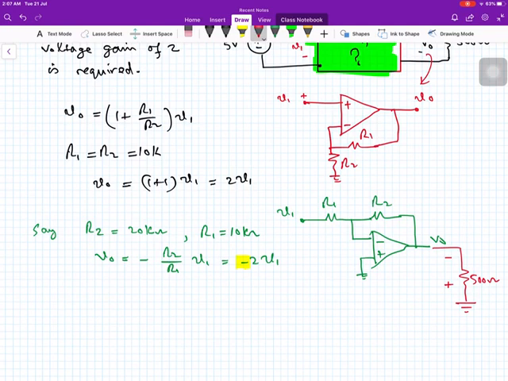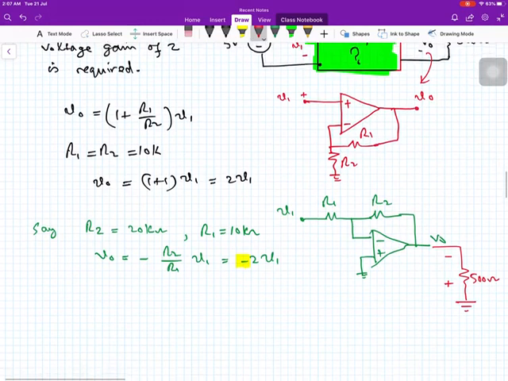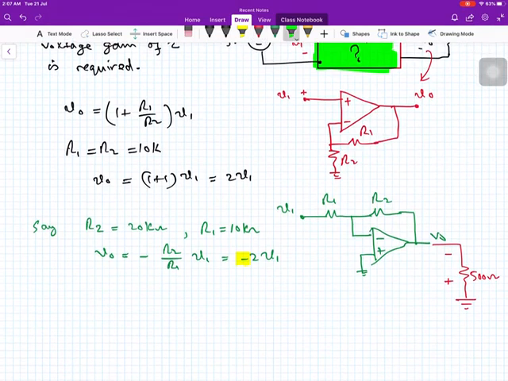So what is the difference between these two? The difference is that in option 1, the signal voltage or input voltage is connected directly to the non-inverting input, and we have assumed that this current is negligibly small. It is so small that we can consider it 0.